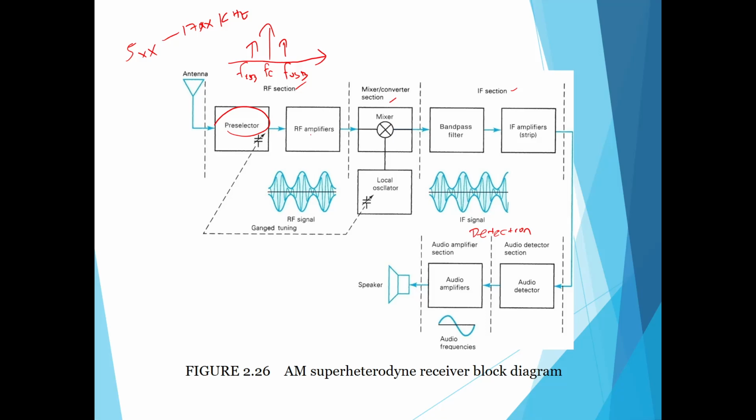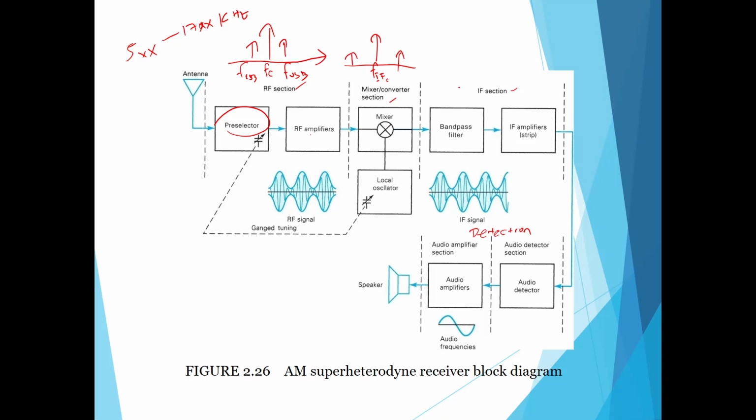And then what? The mixer converter will down convert the frequency into intermediate frequency, which is F IF center. This is F IF upper side frequency and F IF lower side frequency.